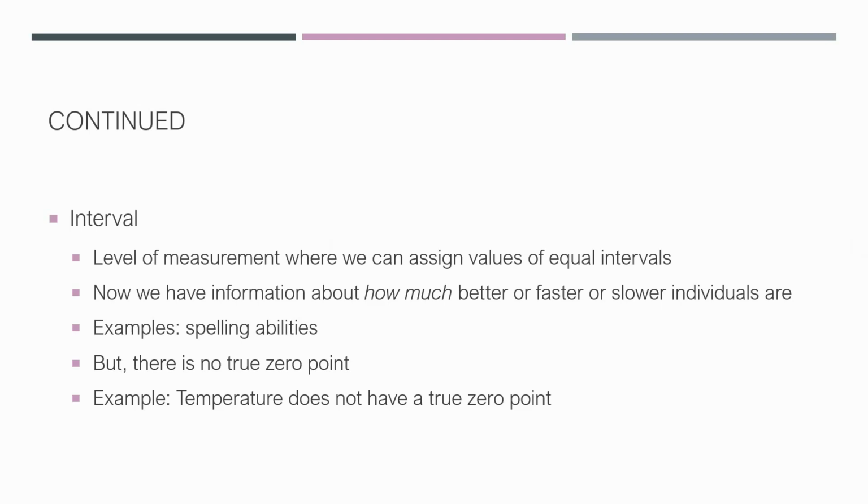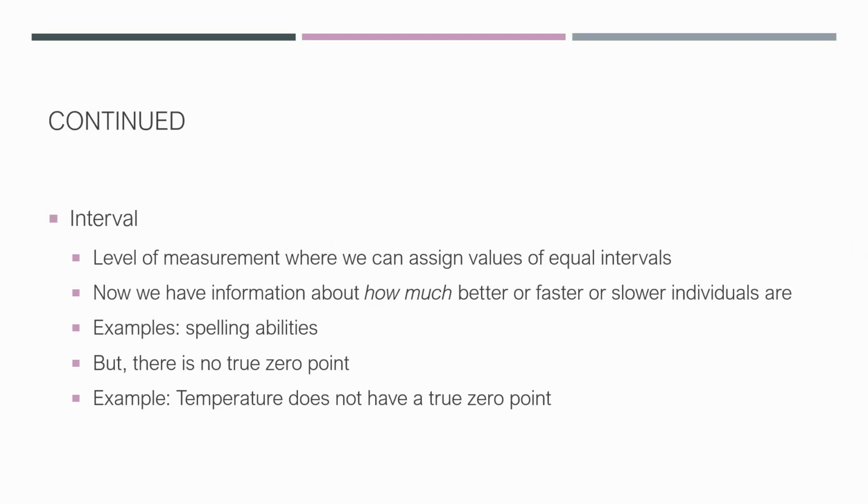Compared to if we were comparing individuals in which one scored a 5 and one scored a 9. Now we have information about how much more correct the person was who scored a 9 over the person who scored a 5, right? There was a 4-point difference in spelling ability.